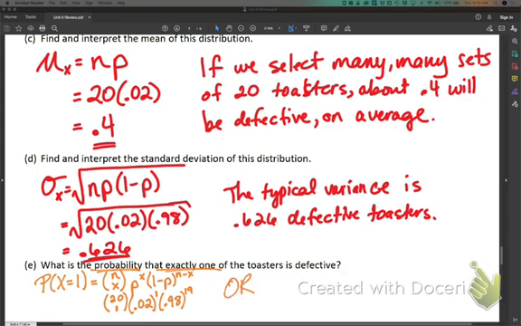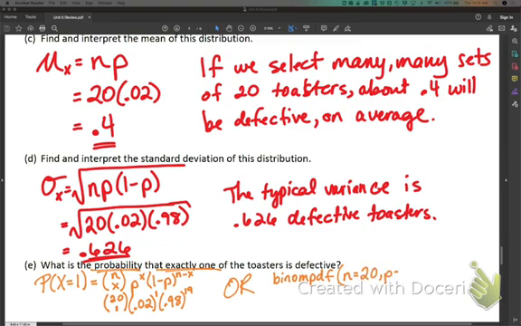Or you are more than welcome to use the binomial PDF command in your calculator. That is under second VARS, binomial PDF. For most of you, that's going to be option A. It's going to ask you, what is your number of trials? That's 20.